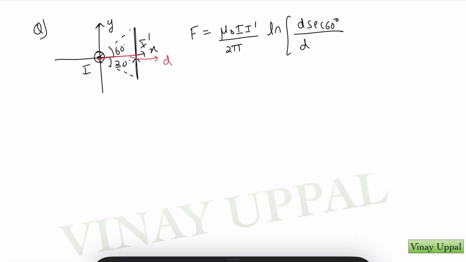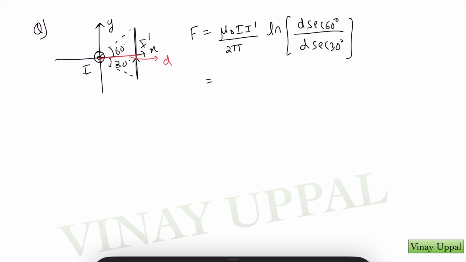We already found the force would be mu naught I dash divided by 2 pi ln of R2 by R1. So how much will R2 be? That will be D sec 60 degree, and R1 would be D sec 30 degree.